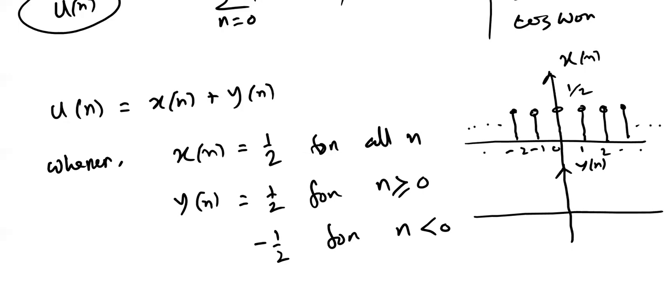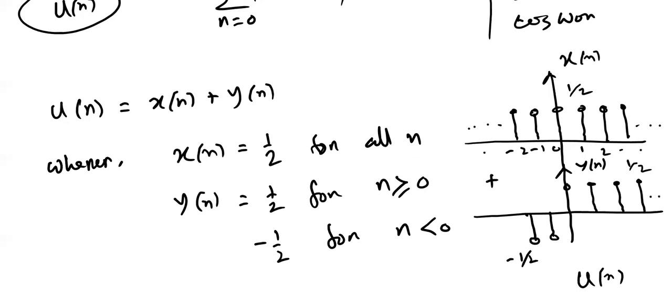For the positive half, it will contain half values, and for the negative side it will definitely have minus half according to the formula, so that you can add those together and you get u[n]. So you know how u[n] looks like. This is a step function.